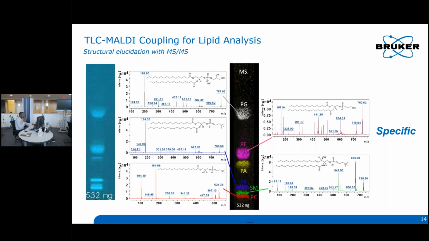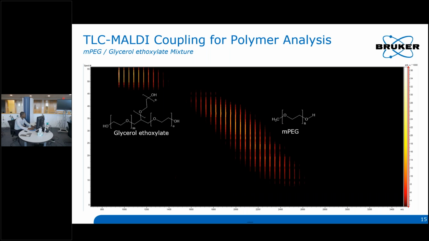Even further, you'll have the ability to select a precursor ion on each one of these components, and then perform an MS-MS experiment on it for structural elucidation, so you are more specifically confident that that's the compound that you are seeing on a TLC plate.